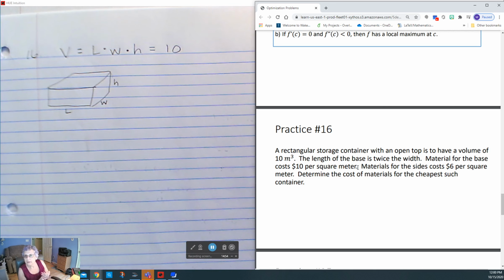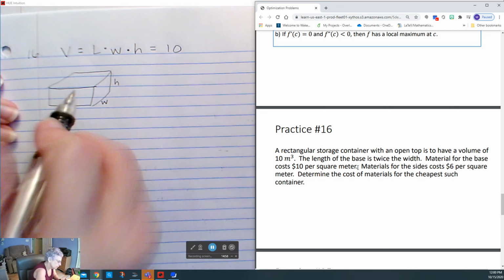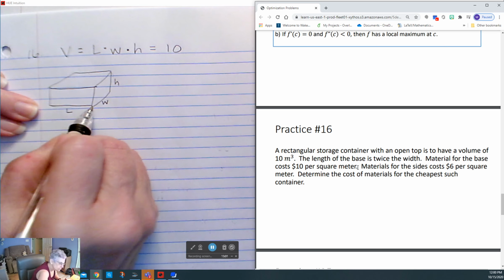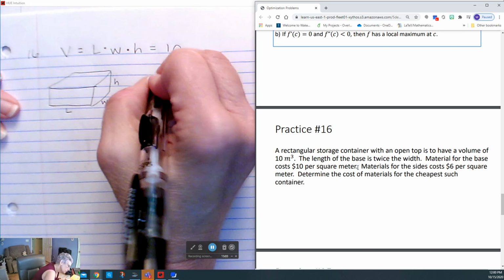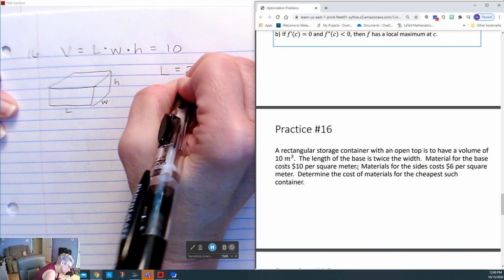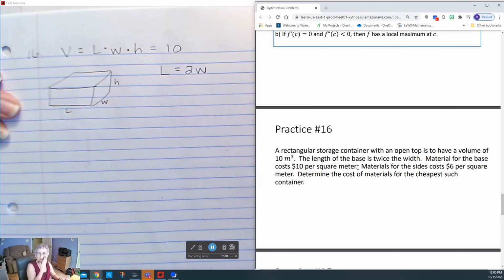We also know that the length of the base is twice the width. So L is equal to 2W. So let's go ahead and make volume a little simpler.